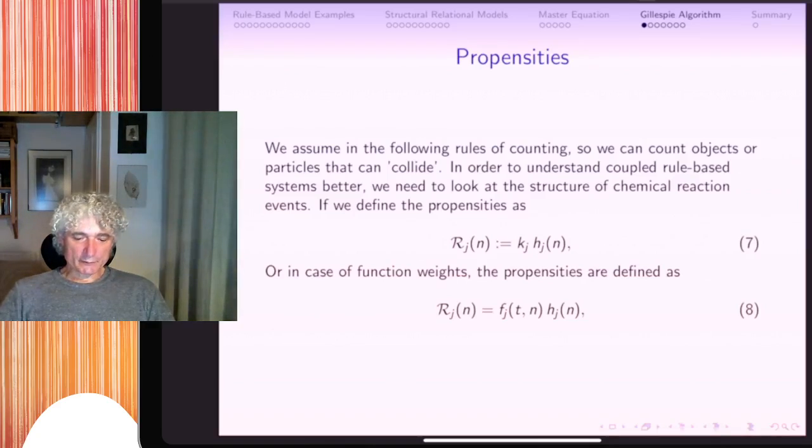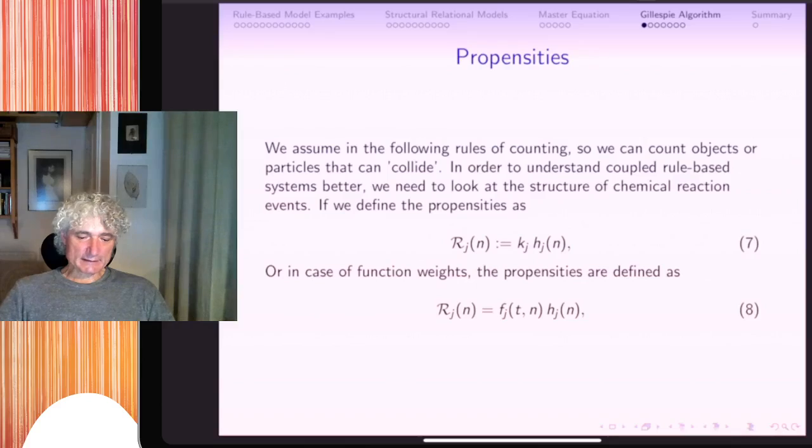We assume that the propensity is given by this constant kj, which is also the reaction rate, times another factor which is called hj of n, which is depending on the configuration. Now in the modeling you have to think of this hj of n as something that is relatively small if some of the types are not present in the system which are needed for the jth rule.